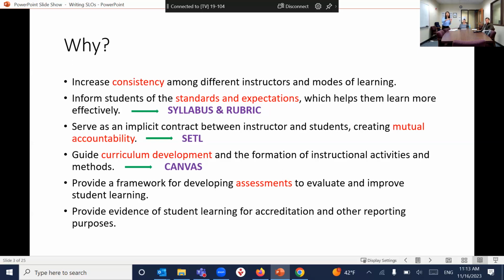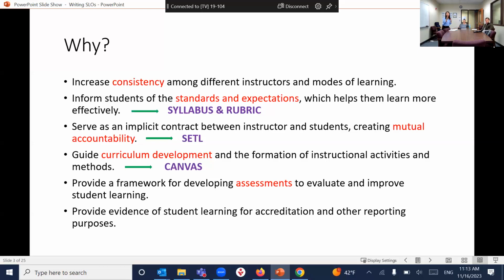Okay, here are the expected outcomes that you shall be able to demonstrate after completion of the course. That will also serve as an implicit contract between the instructor and students, creating mutual accountability.